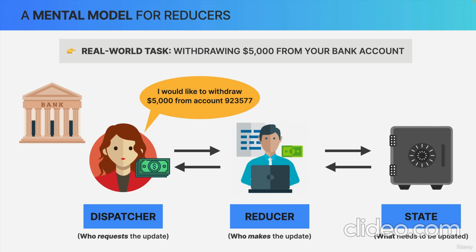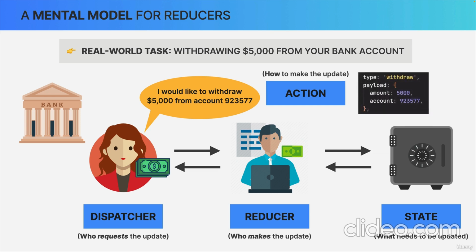They know because you told them so exactly in your request message. And so that request message is clearly the action. In this example, the action can be modeled like this, with the action type being withdraw and the payload being the data about the withdrawal that you want to make.